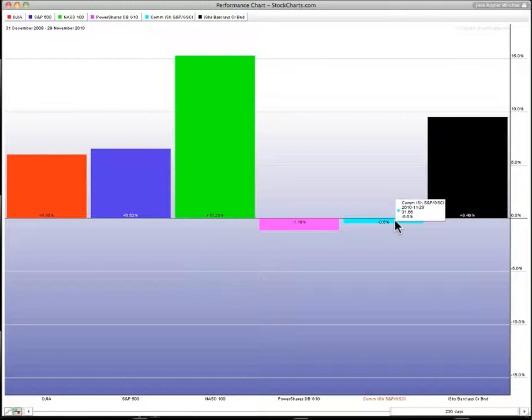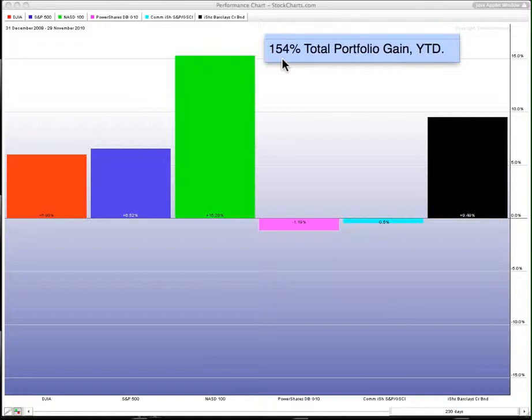For bonds, the benchmark is the iShares Credit Bond ETF, which represents the investment grade credit sector of the United States bond market as defined by the Barclays Capital US Credit Index. With the year-to-date gain of 154%, the portfolio is beating the external benchmark's year-to-date performance.